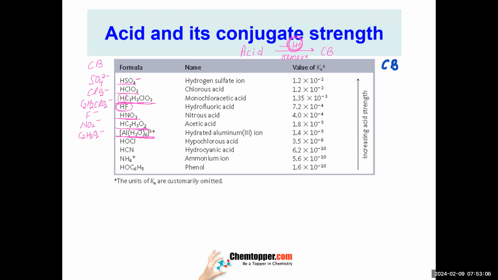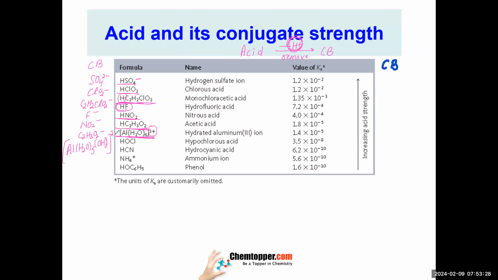So you're removing hydrogen from one of the water. So out of 6 water, 5 waters will remain like this only. But one water will become OH minus. And that OH minus and this 3 plus, this is OH minus, right? And this is 3 plus.